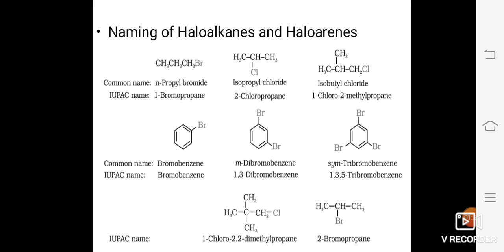This compound also has 3 carbon atoms, and the halogen atom, that is chlorine, is present on the second carbon atom, and hence the IUPAC name is 2-chloropropane.